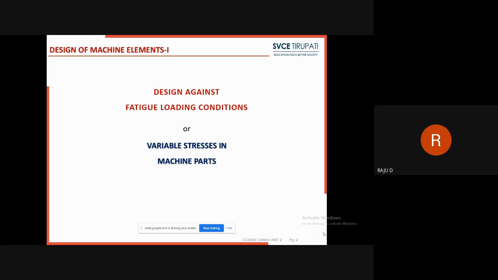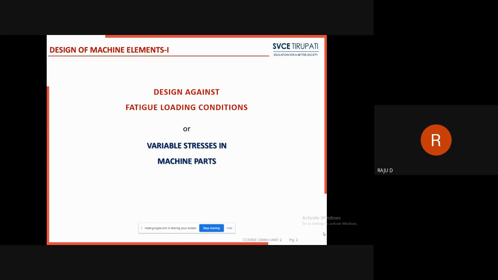Your main aim is to resist failure when you apply the load in a repetitive manner. That is the meaning of the fatigue loading condition. All of you remember. But when you apply repeated loading, what failures will happen, and how are we going to overcome them? That is very important.